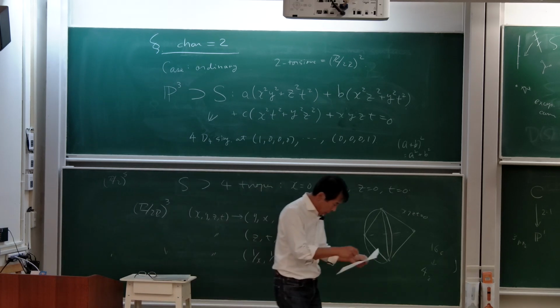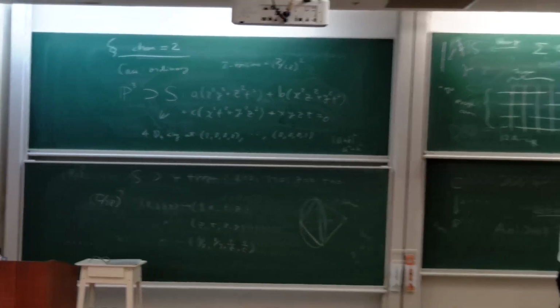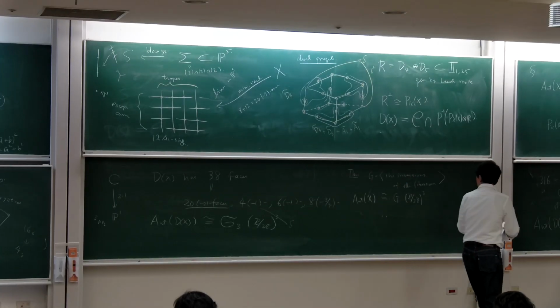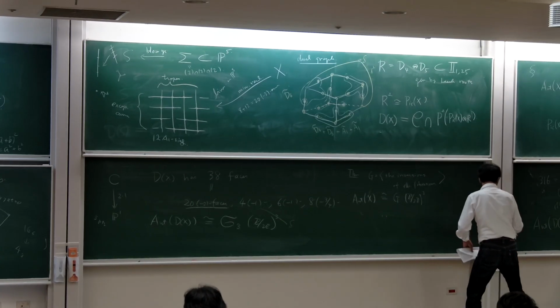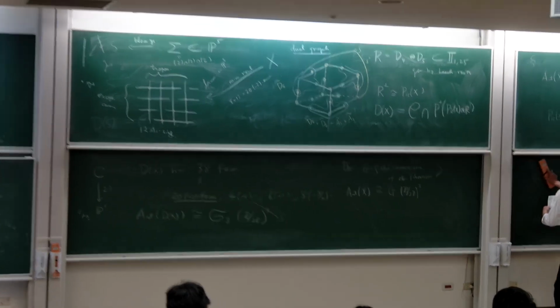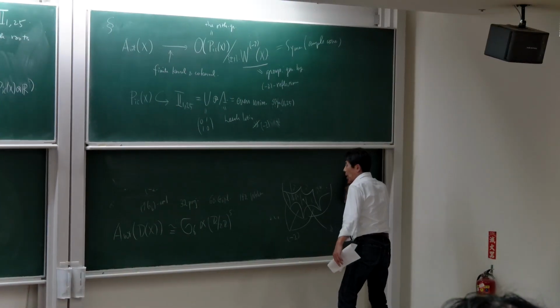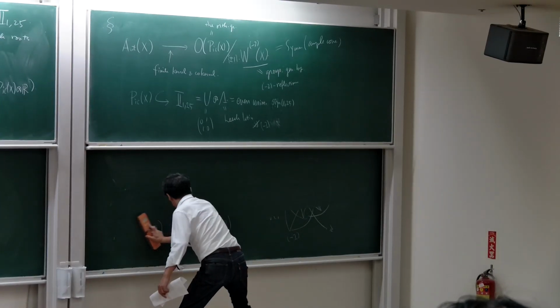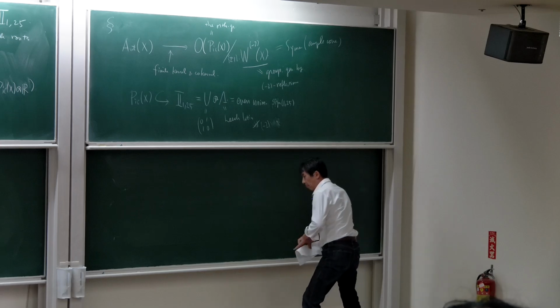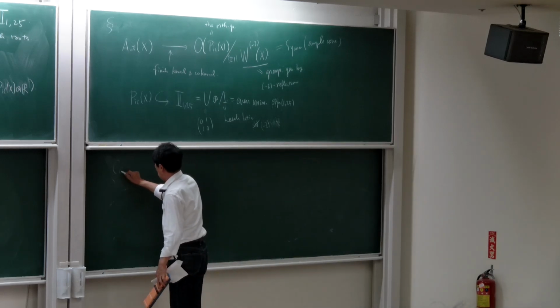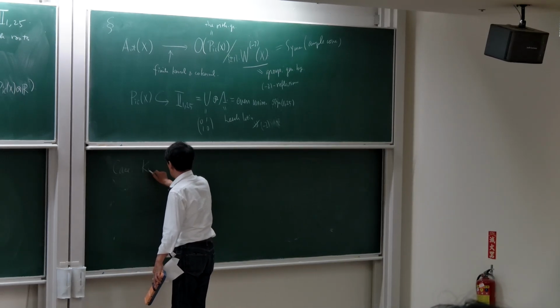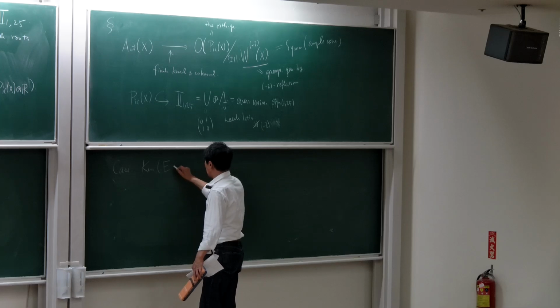And finally, I want to give a remark. So the extremal case, that is the case of product type. So the case Kummer in the product itself.